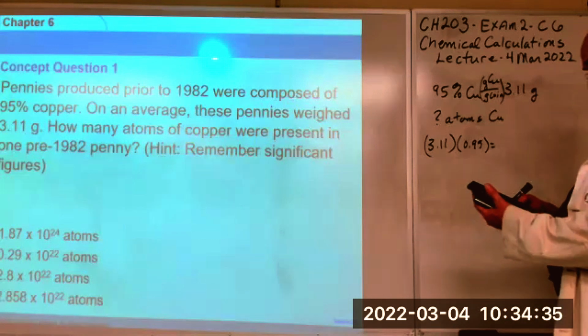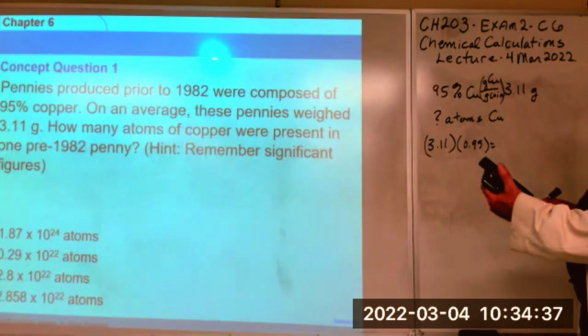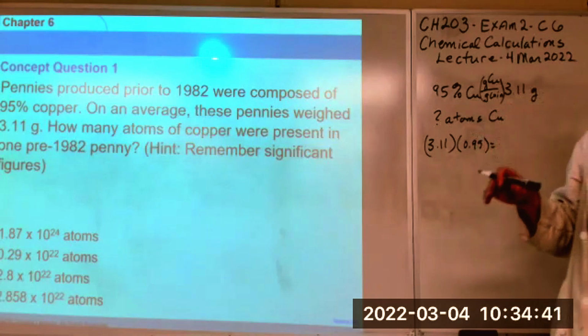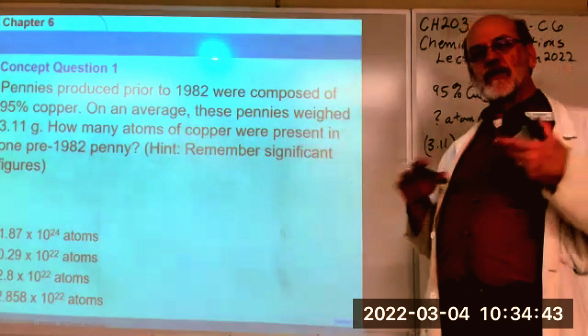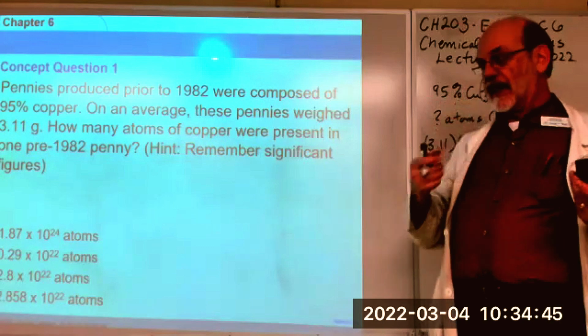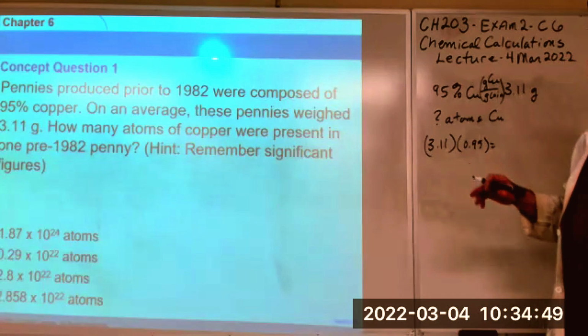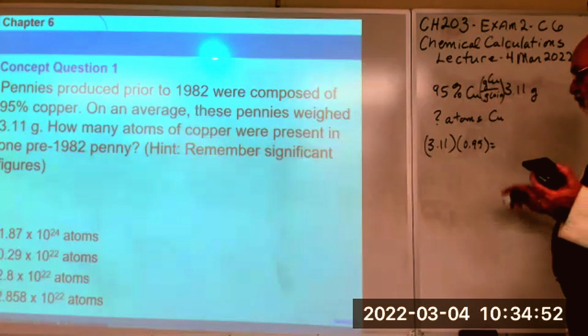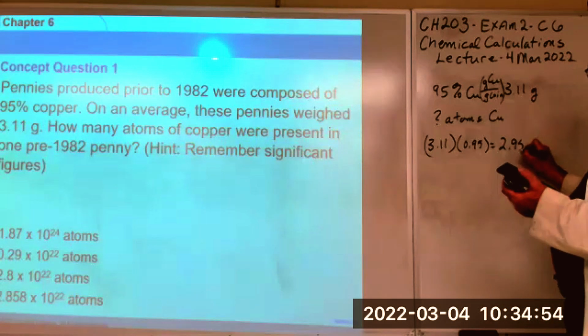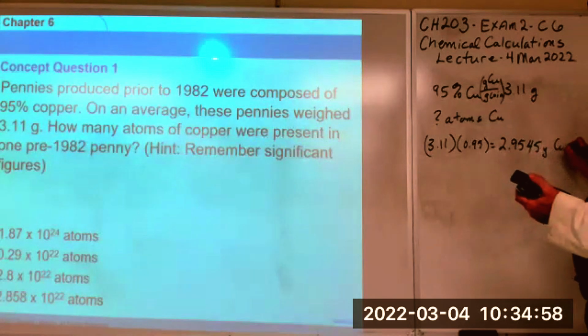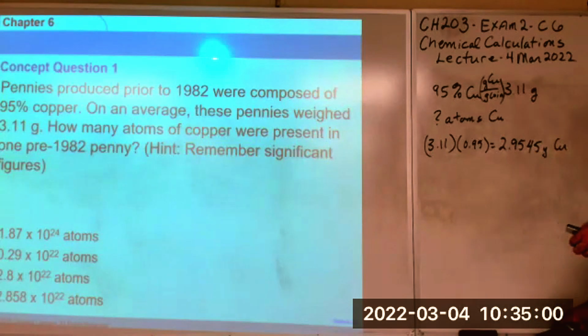I did something wrong. Let's try that again. No, I didn't. 2.9. When there are calculations to be made, only multiply, divide, I keep all the decimal points until the end, and then I round. That avoids rounding error. So I'm going to say 2.9545 grams of copper. Now that we know how much copper is in there, we can find out how many moles of atoms and then how many actual atoms.